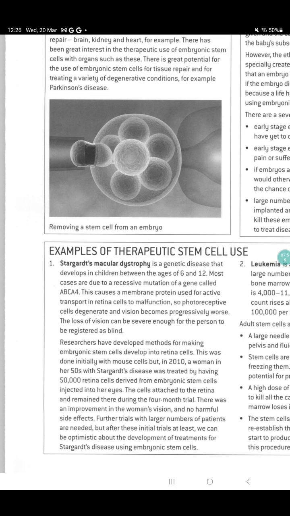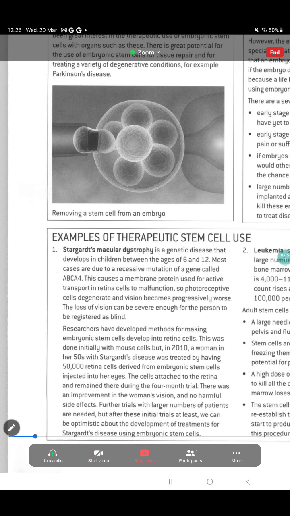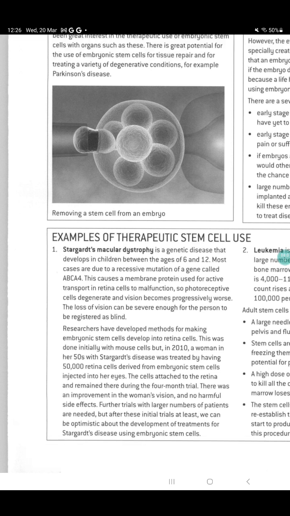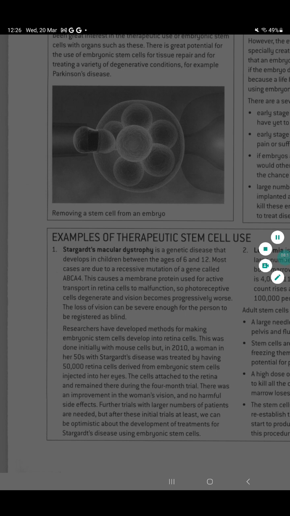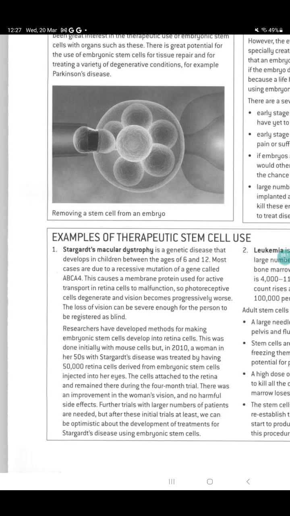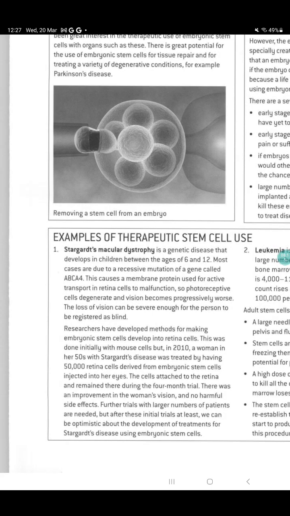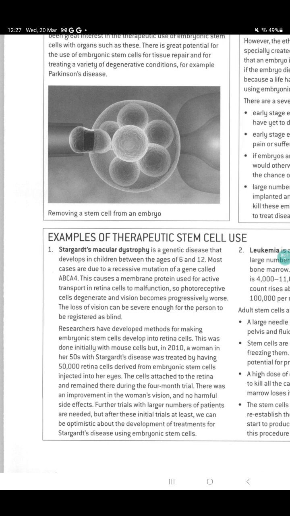Now let's see a few examples of therapeutic stem cell use which we are currently using. First example is Stargardt macular dystrophy. So what is it? This is a genetic disease that develops in children between the age of 6 and 12.